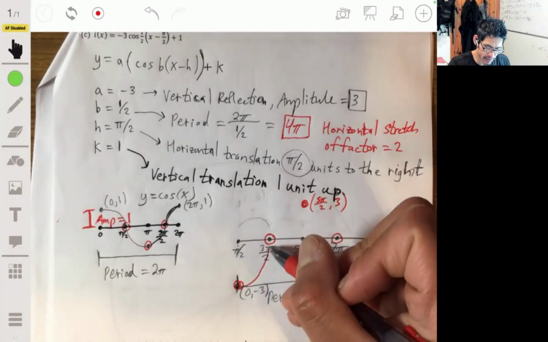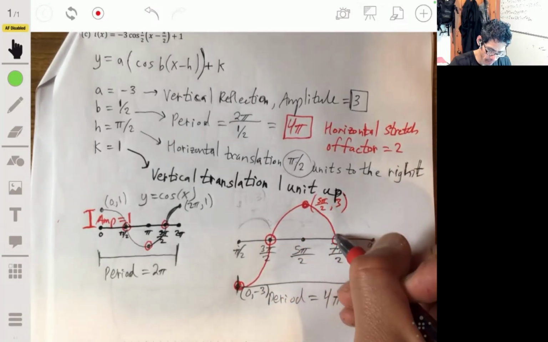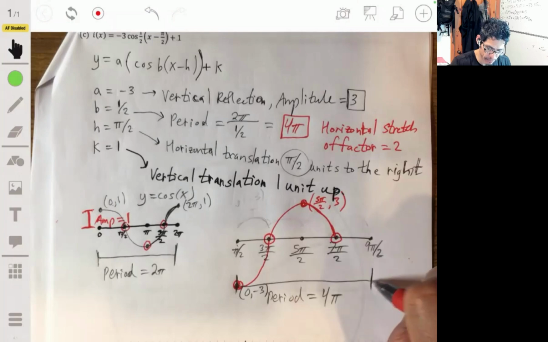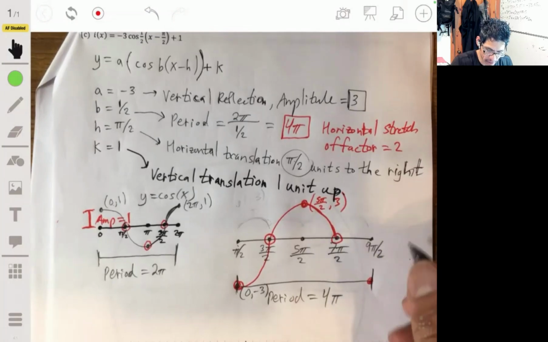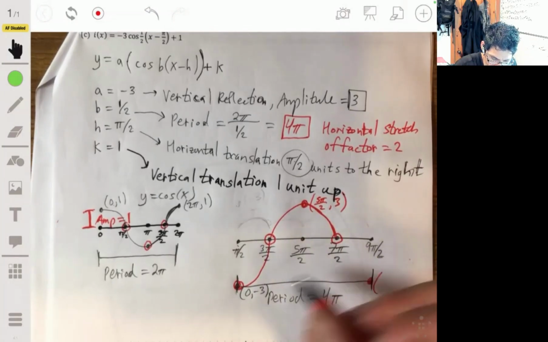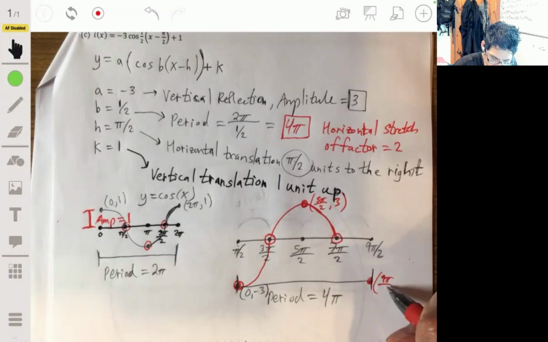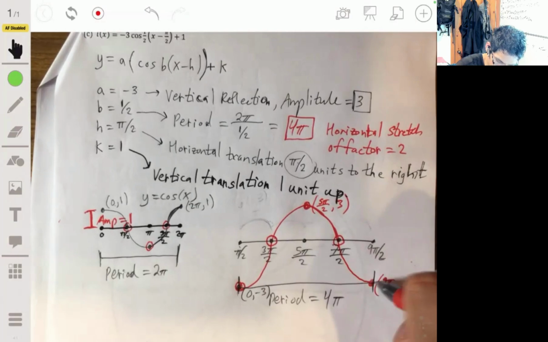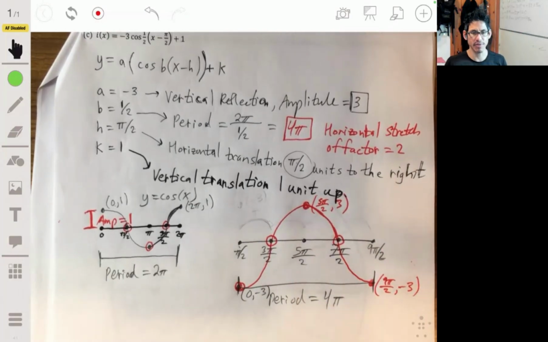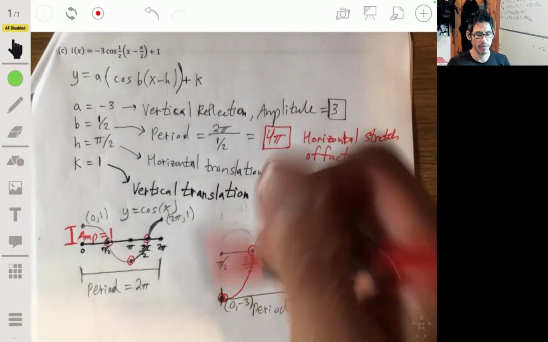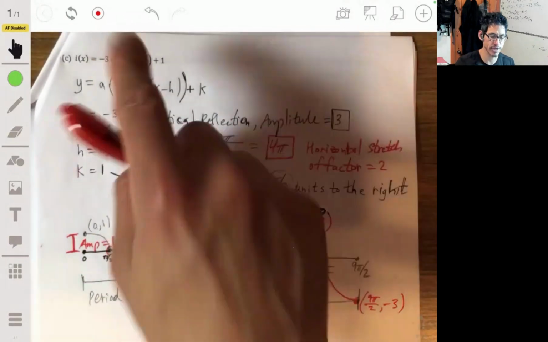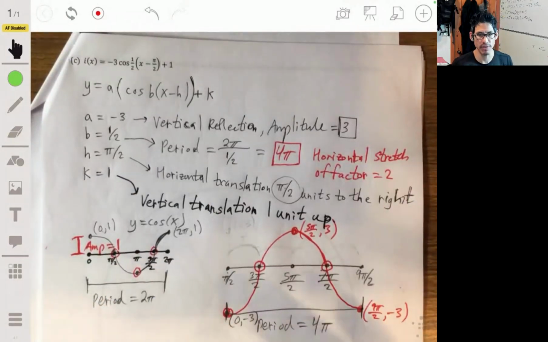And then we're going to end down here back at 9 pi over 2, comma -3. And that's essentially going to be the graph of your transformed function. That's all that's really going on.